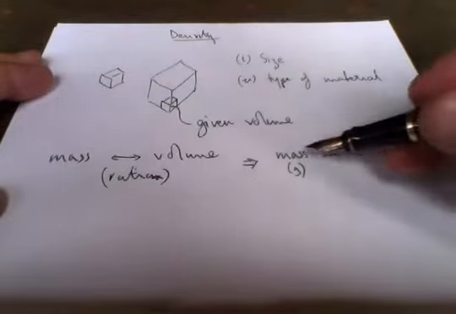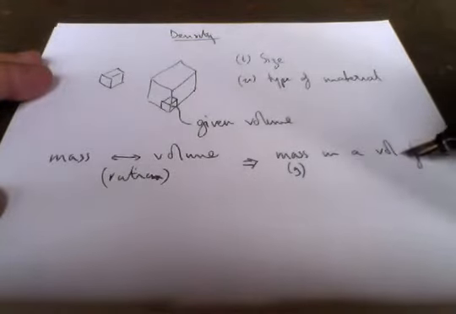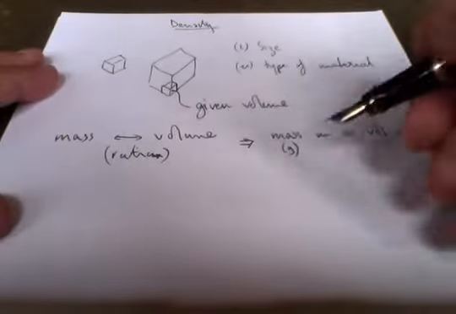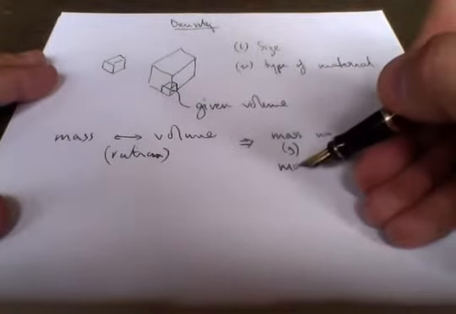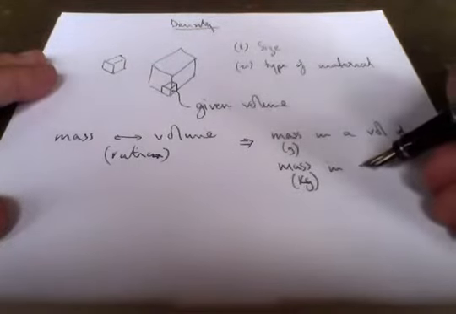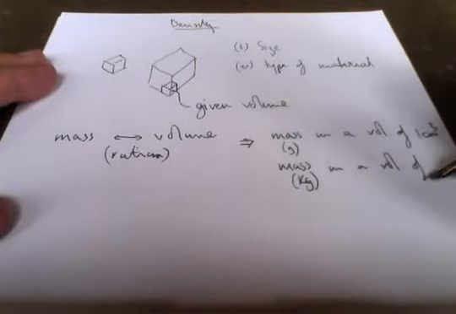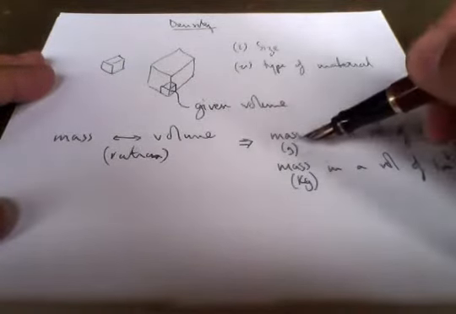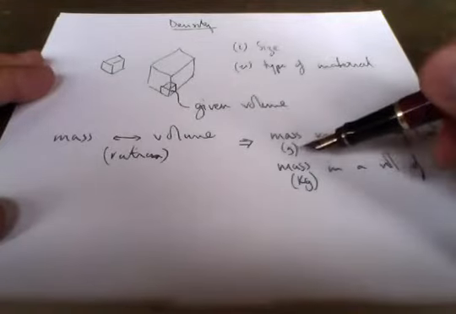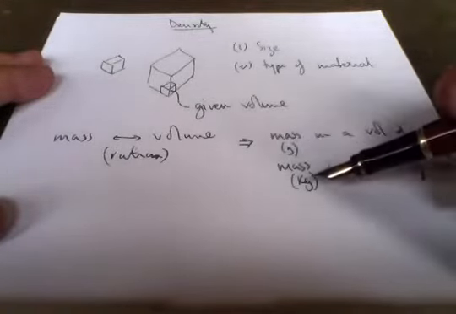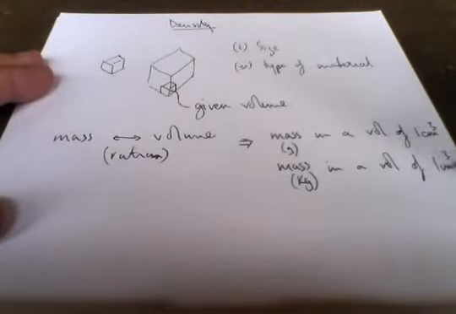That's how we define it. How much mass is there in a volume of 1 centimeter cubed? Or you can say how much mass is there in kilograms in a volume of 1 meter cubed. It could be anything, even grams per meter cubed, but these are the ones we usually keep to.